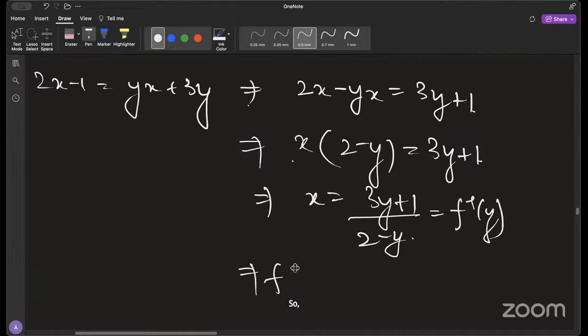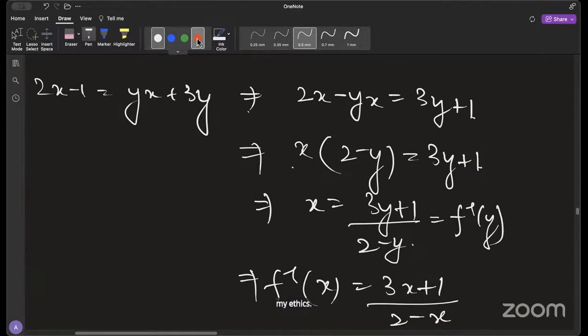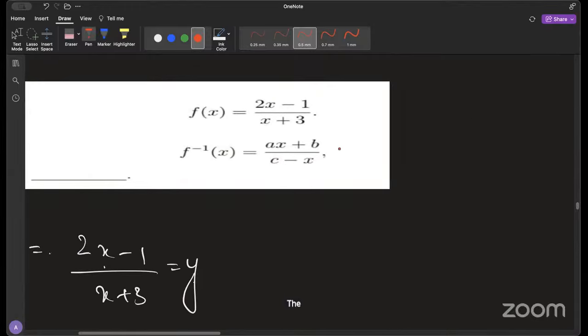So f inverse of x becomes (3x plus 1) by (2 minus x). The inverse is (3x plus 1) by (2 minus x).